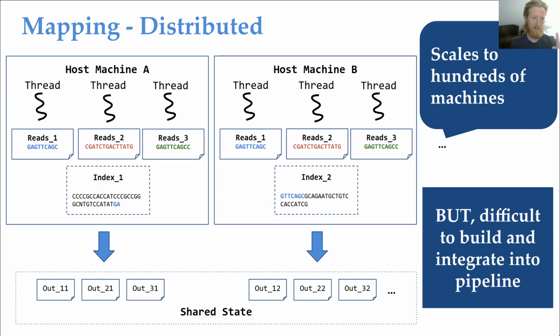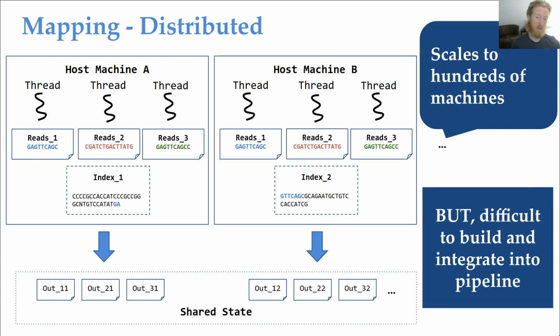Here we can see 6 threads spread across 2 machines, and each one will produce one piece of output per read index pair. But because they're on multiple hosts, this output will need to live in some shared storage like a database somewhere. This is great because it scales to potentially hundreds of machines, thus speeding up our mapping.